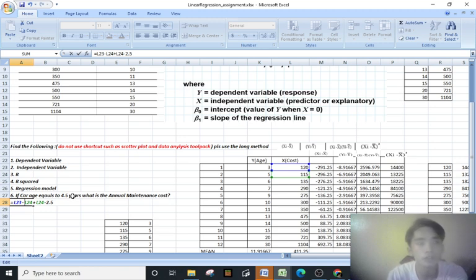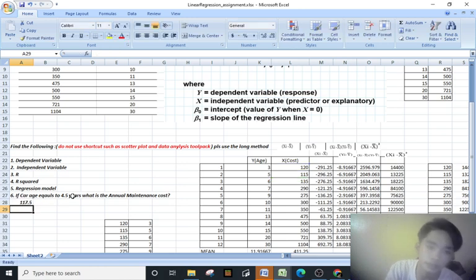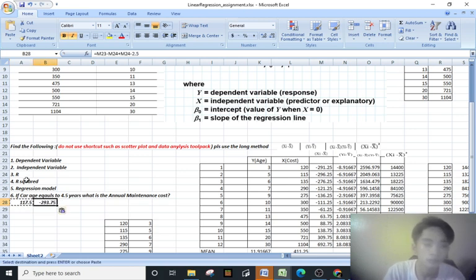So the difference of 120 and 115 is 5. Then the center of the 5 is 2.5, so that's why it's 2.5. Click enter and it generates that the 4.5 years is 117.5 cost. So that's all. Thank you.